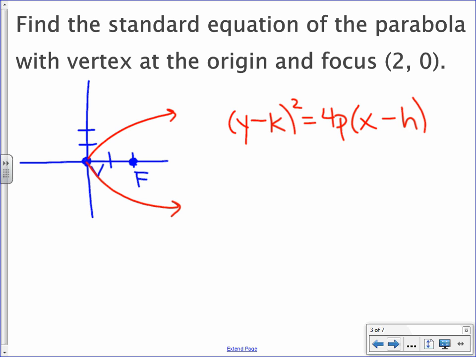Okay. So we know the origin, correct? We know the origin is our vertex. So we can fill that in. Our vertex is at 0, 0, so we can fill that in for h and k.